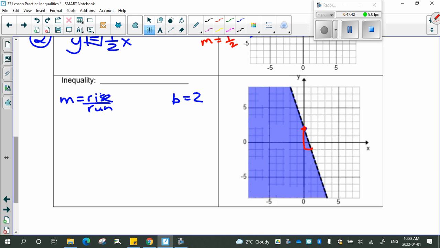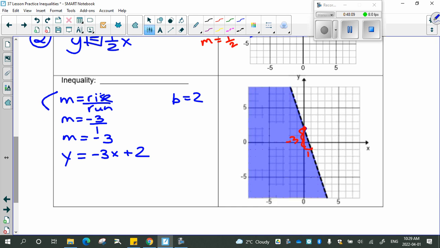So that's negative 1, 2, 3. Remember, it's a negative over 1. So the slope is just negative 3, okay?